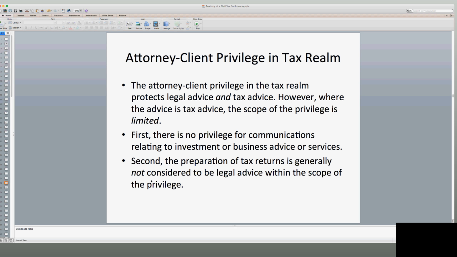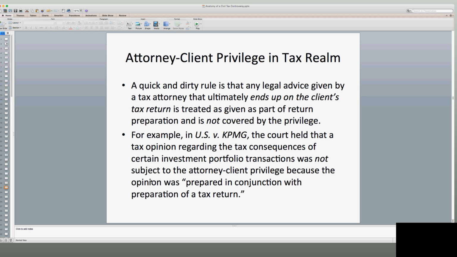If the advice that you give John Doe winds up on his tax return, meaning that the advice is related to a position that he or she takes on his or her 1040 or other tax return, that is not covered within the scope of the attorney-client privilege. So anything that could potentially result in a position that the taxpayer client takes on a tax return is not covered by the attorney-client privilege. And again, this states it more precisely.